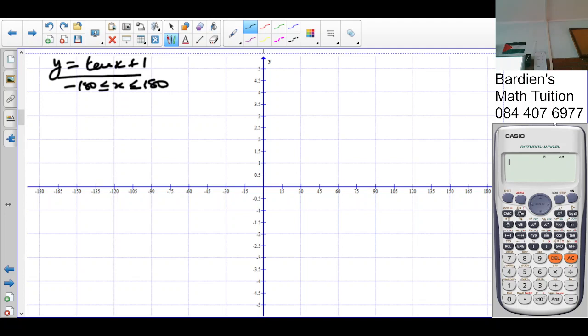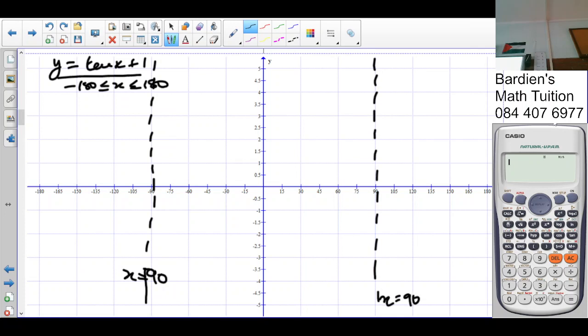Okay? So the tan, this of course 90, remains the asymptote. That's x equal to minus 90 and x equal to 90 here. So normally it starts at 0, but it starts now at 1, since the graph is 1 unit up. 45 is normally 1, but it's going up to 2. That's part of the graph there, so I put 45 and 2 there. There's negative 45 and negative 1 goes to negative 45 and 0.